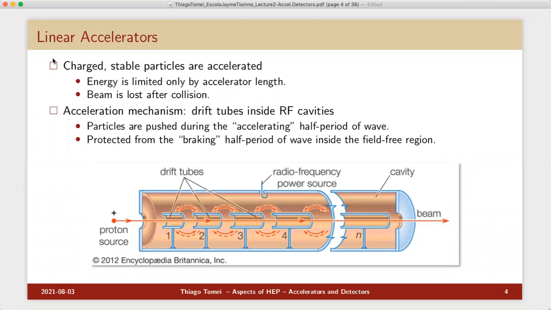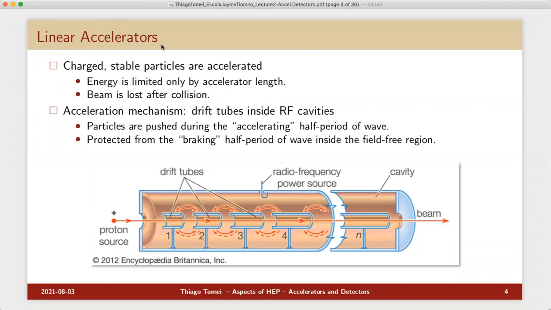I could give you the whole history of accelerators here, but instead I'm just going to talk about what's used right now. I invite you to look at the history of particle accelerators, and it's a very beautiful history, including the famous accelerator at USP, but we don't have time for that.